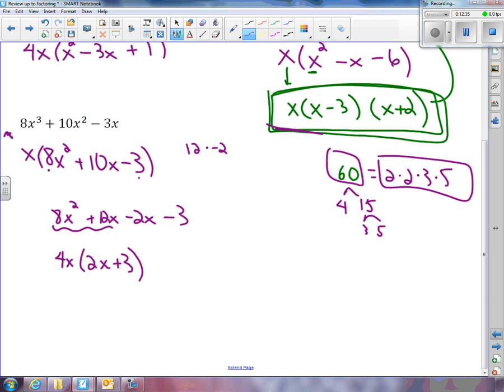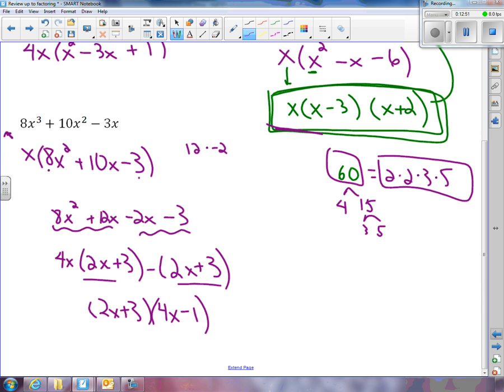Then you can take out a negative 1 for these two, sorry, negative 1, 2x plus 3. So now my two expressions are 2x plus 3 and 4x minus 1. And don't forget to bring that x down.